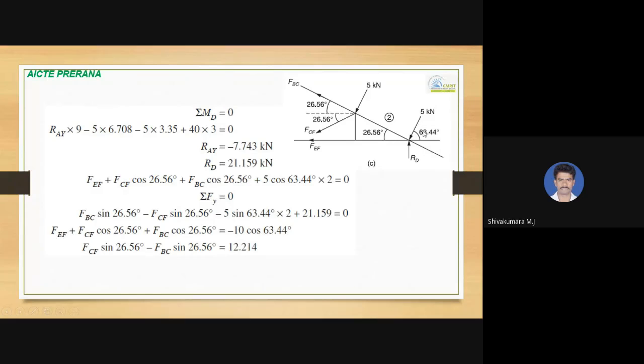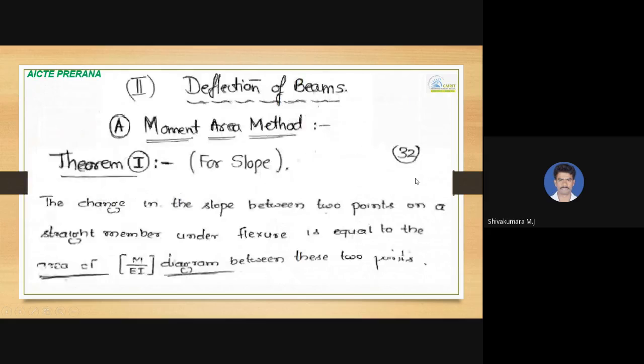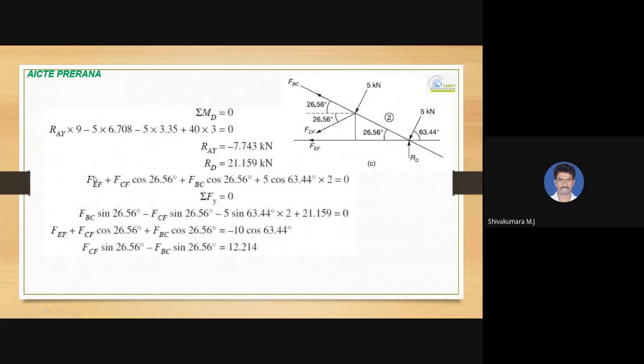The horizontal component of this is 5 cos 63.44 towards left, minus, and there are two such components of 5, so it is multiplied by 2. So minus sign convention for all the terms, you can send that minus towards the RHS, so that everything will become positive. So you get an equation with three unknowns, FEF, FCF, and FBC.